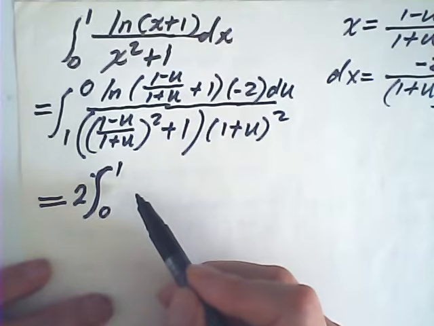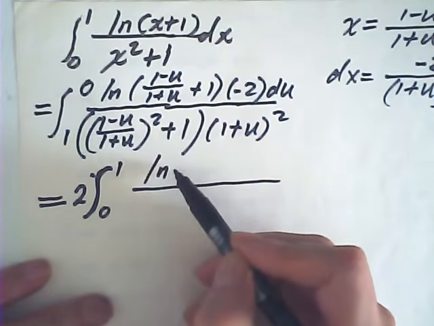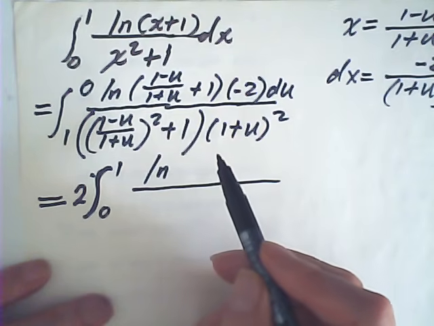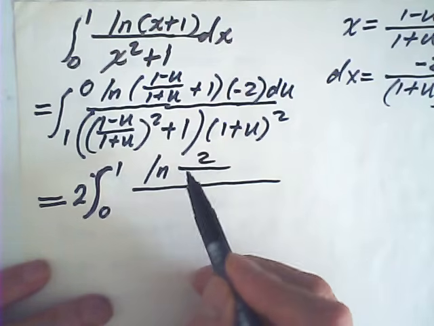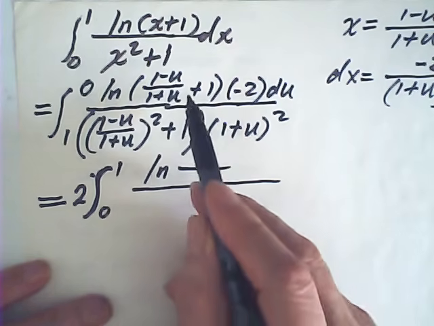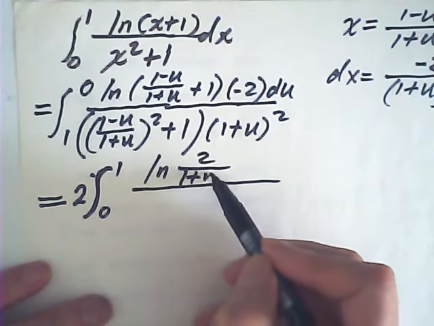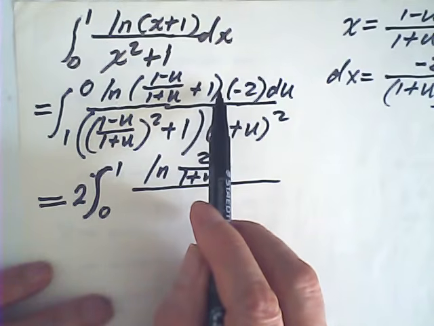And this becomes a log, log 2 over log 1 plus u. Now this is 1 plus u over 1 plus u.